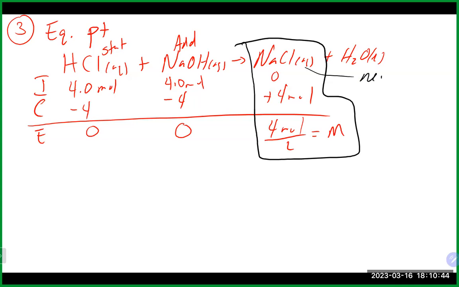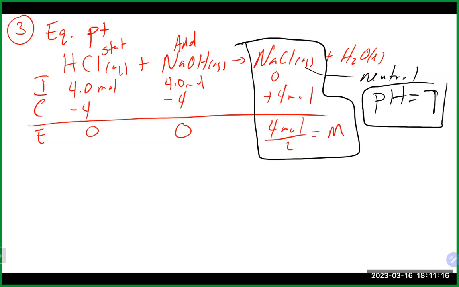That is a neutral salt, which means you don't even need to do the calculation. The pH should be 7. So it should be a pH of 7 at the equivalence point in this type of titration. That is why a strong acid, strong base reaction is sometimes called an acid-base neutralization reaction, because pretty much you make water. It's neutralized. It's 7, should be the pH at that point.